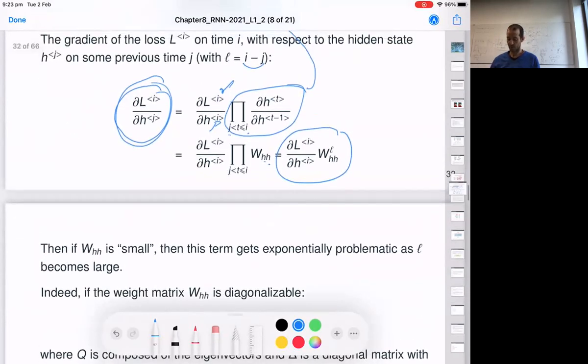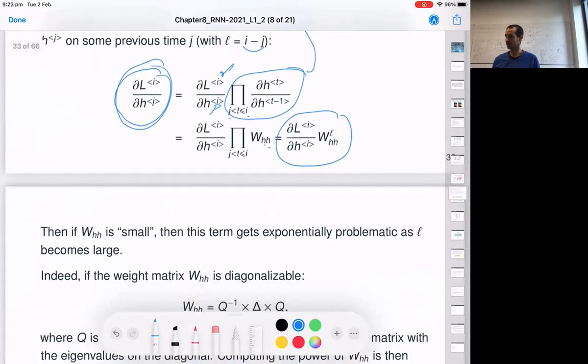So, what is our issue about our gradient descent? Think about WHH being small. If WHH is small, as you put the power of l, will this be going up or down?